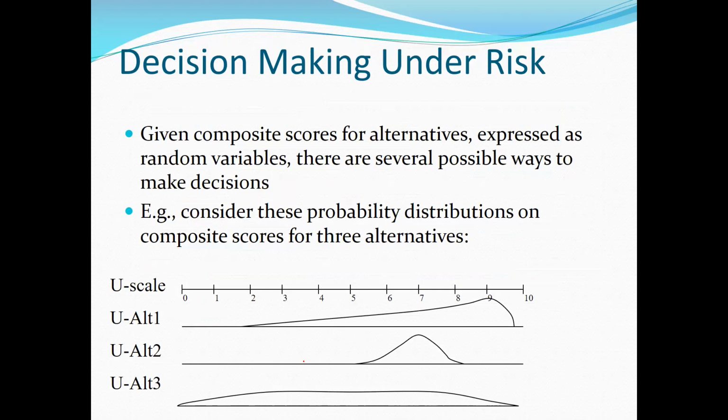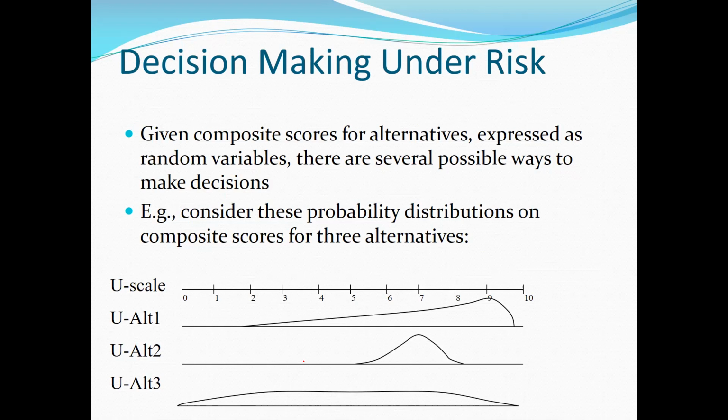Let's say you have the composite score for each of the alternatives, and this is what the probability distribution looks like. Alternative 1, alternative 2, and alternative 3, you have the composite score that you came up with.